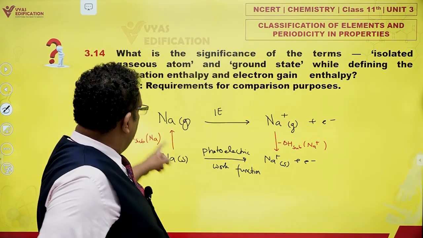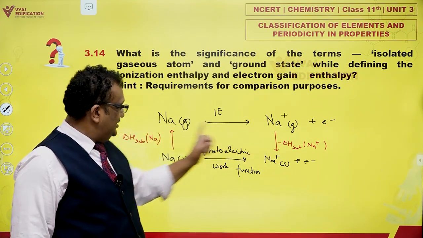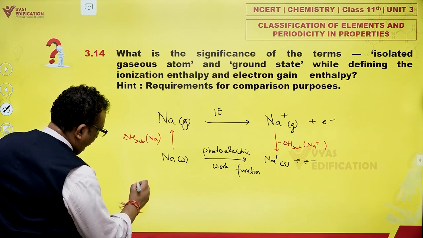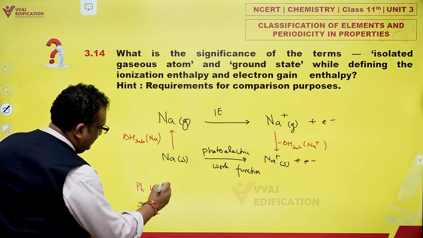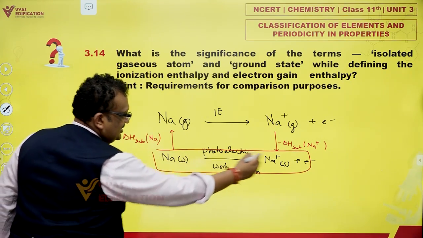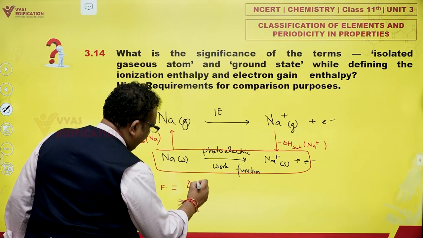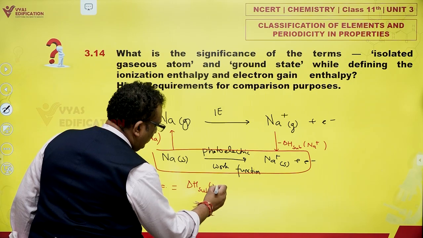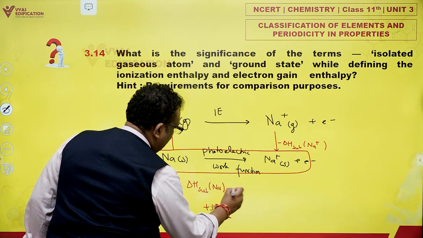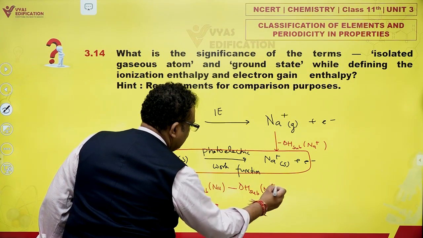Since these two energies are not the same, and this difference is not zero, the photoelectric work function would be equal to delta H sublimation of sodium plus ionization energy minus delta H sublimation of Na plus.